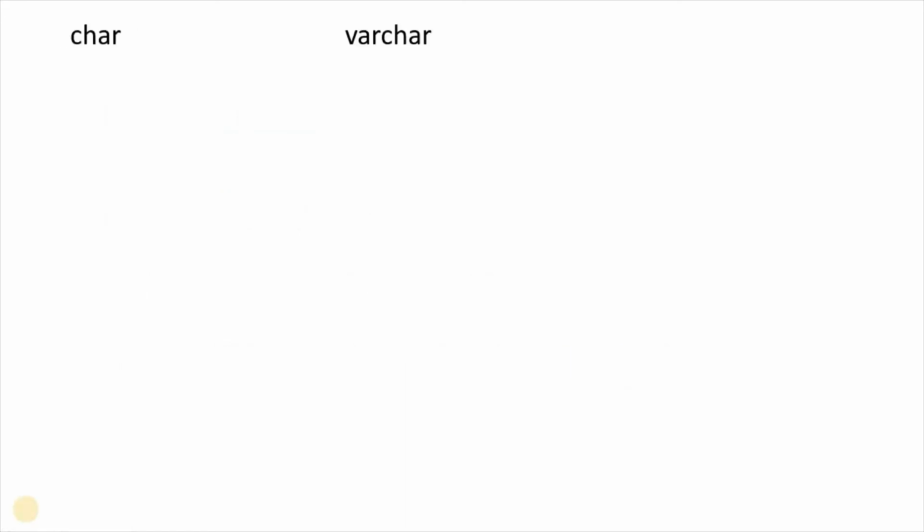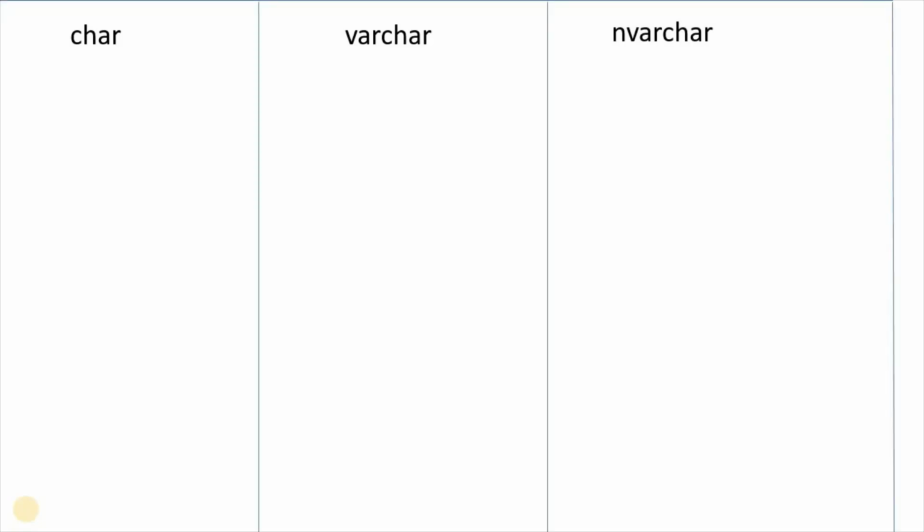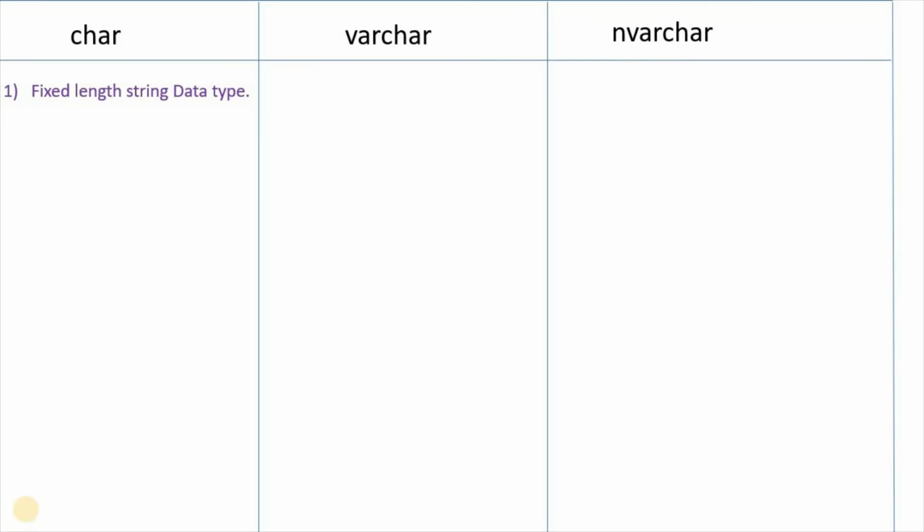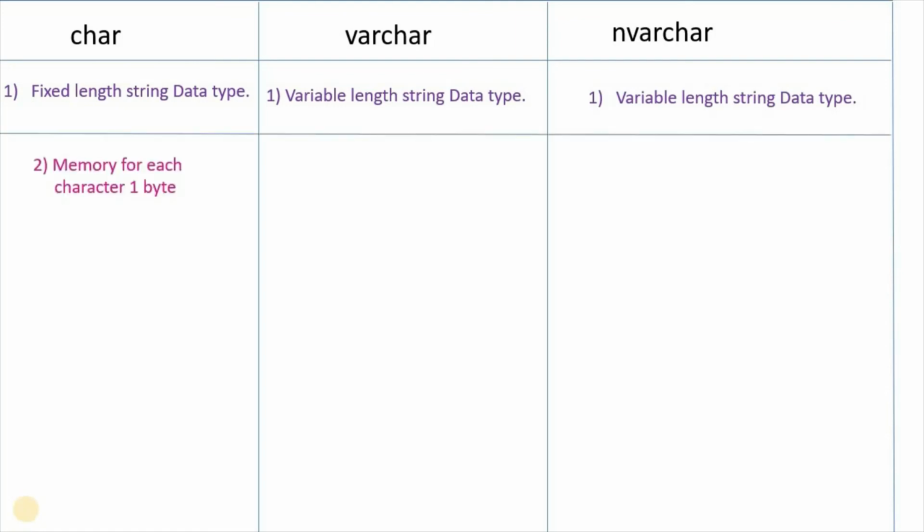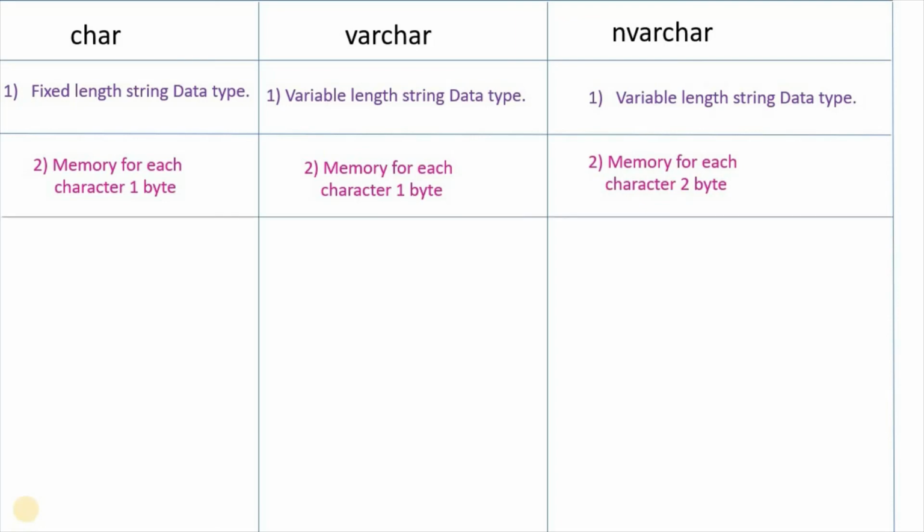Char, varchar, nvarchar. Char is a fixed length string data type, varchar is a variable length string data type, nvarchar is a variable length string data type. Memory for each character: char 1 byte, varchar 1 byte, nvarchar 2 bytes.